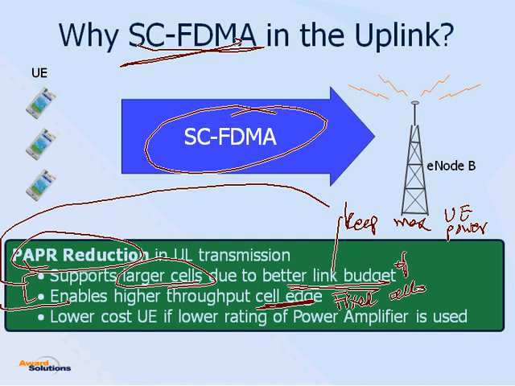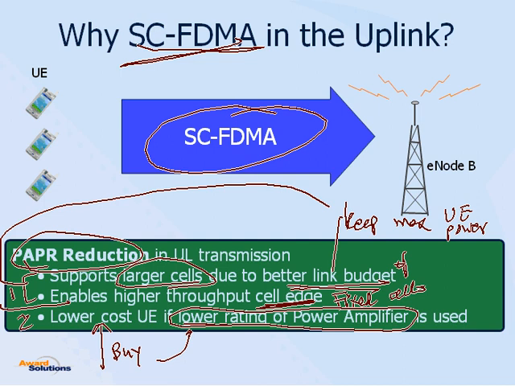However, you can say, I want to reduce the cost of the device, so I will buy a lower rating of power amplifier. If you buy a lower rating power amplifier, then you will reduce the cost of the UE. So these are two basic ways in which you can exploit PAPR reduction.